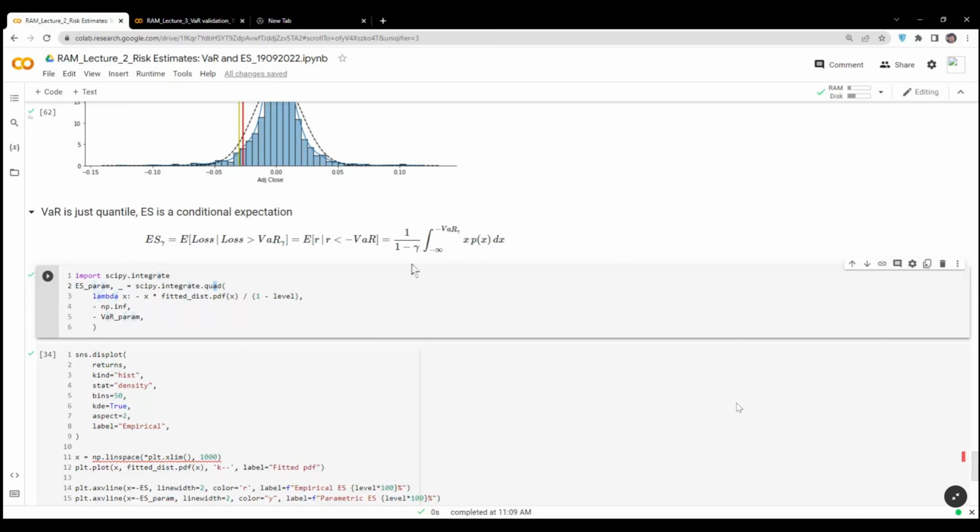Okay. The probability density function is specified numerically in stats.